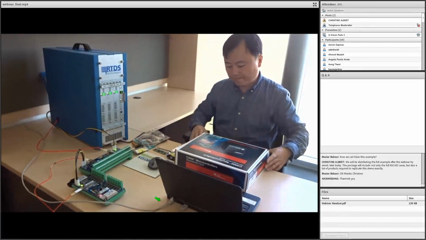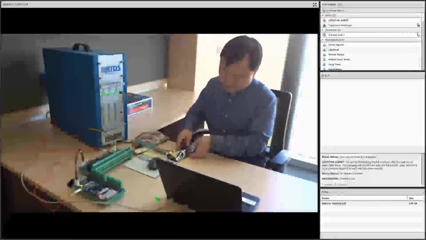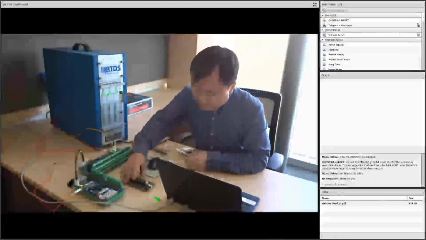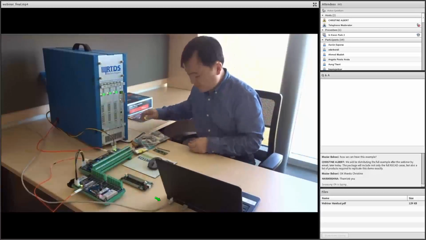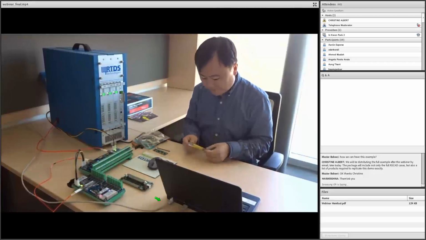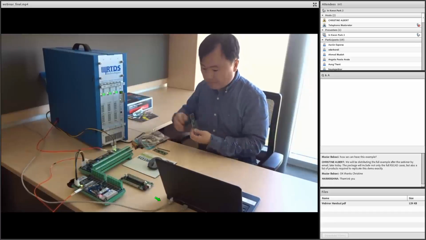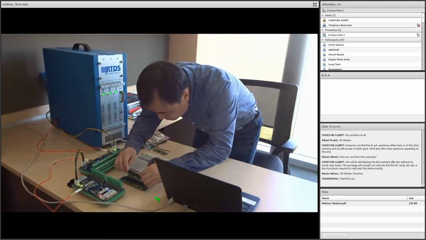So now I have everything on my desk, and I'm taking out the baseboard. Then I'm taking out the control card, which is based on the Texas Instruments DSP named the TMS320F28069.